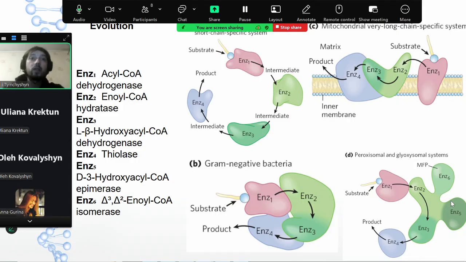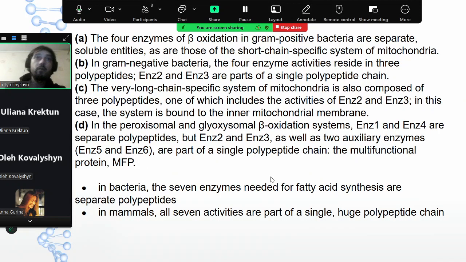D-3-hydroxyacyl-CoA epimerase and delta-3, delta-2 enoyl-CoA isomerase. So you remember we had some troubles with the double bonds in fatty acids, and we needed certain isomerases that were able to move those bonds into better positions, so that we can keep up with our beta oxidation.